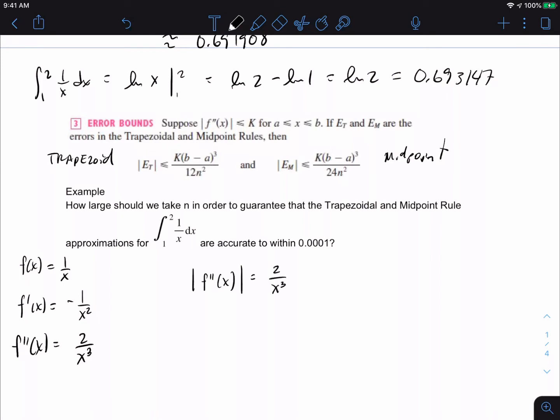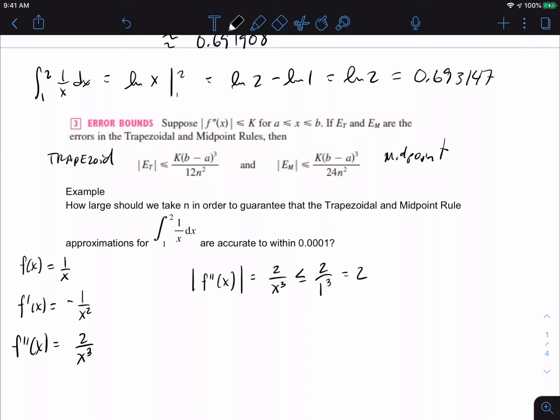Agreed? Agreed. Okay. And then what that's going to do for me is it's going to be less than or equal to 2 over 1 to the third. And so my k is going to be 2.